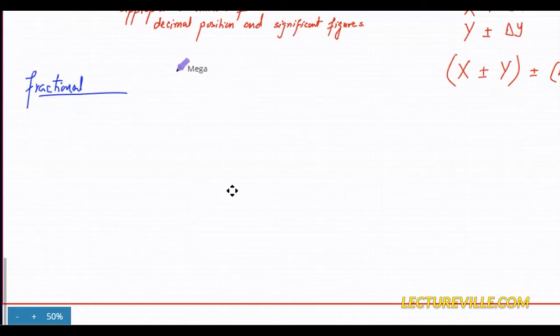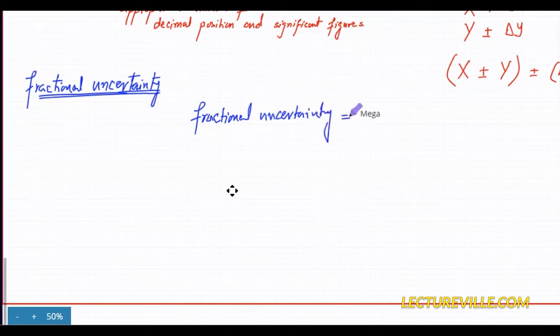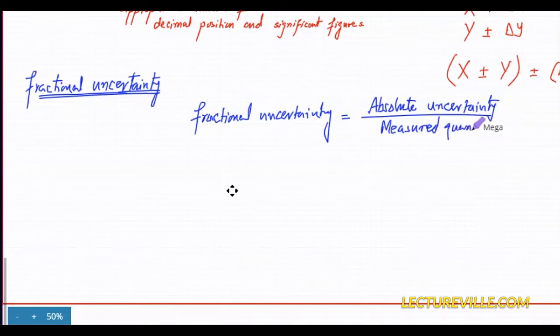Fractional uncertainty is absolute uncertainty divided by the measured quantity.